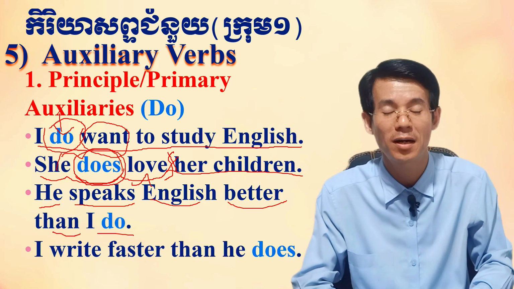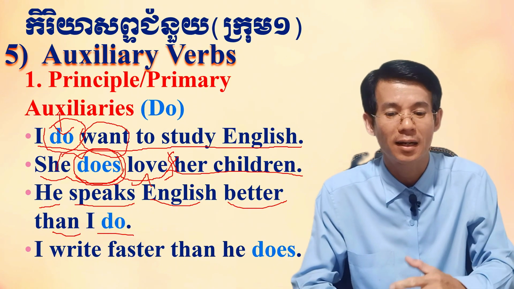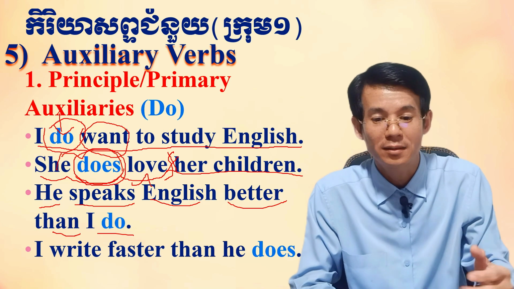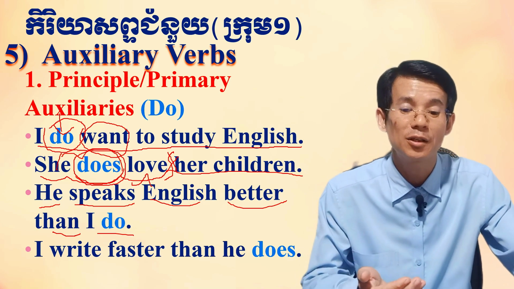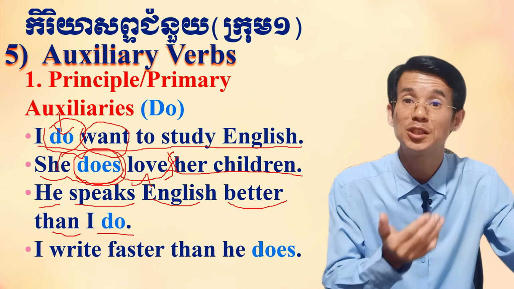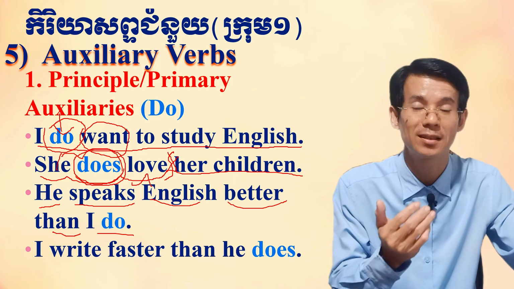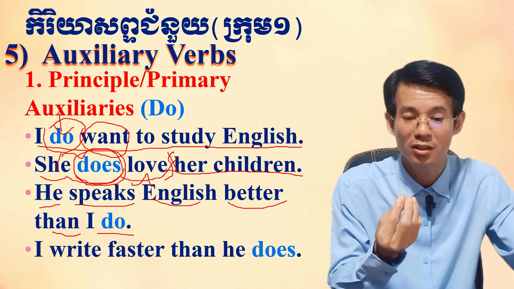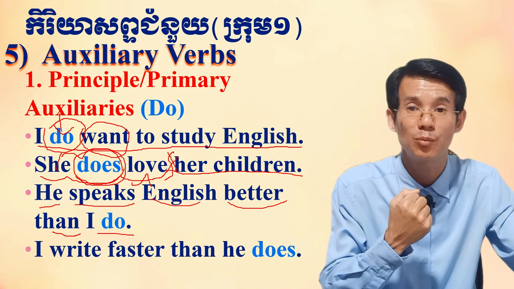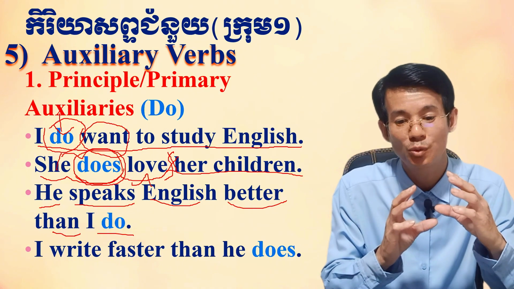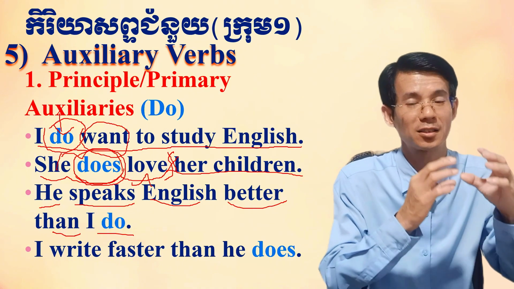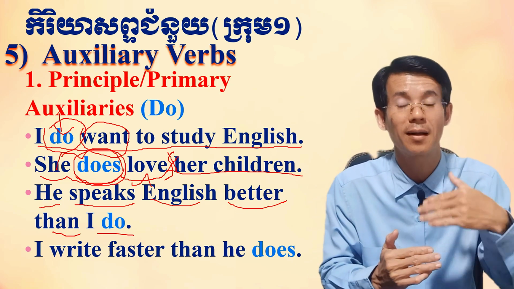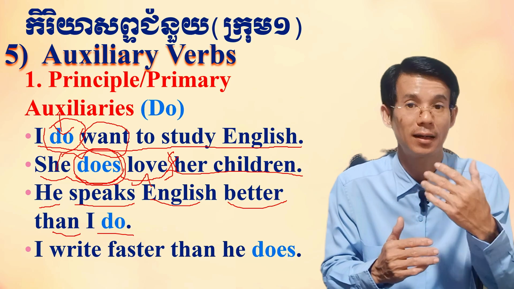Normally we could say she speaks English better than I speak, but we don't want to repeat the verb speak since it already appears earlier. So we can use do to take the place of the main verb speak because we don't want to repeat the main verb again and again.